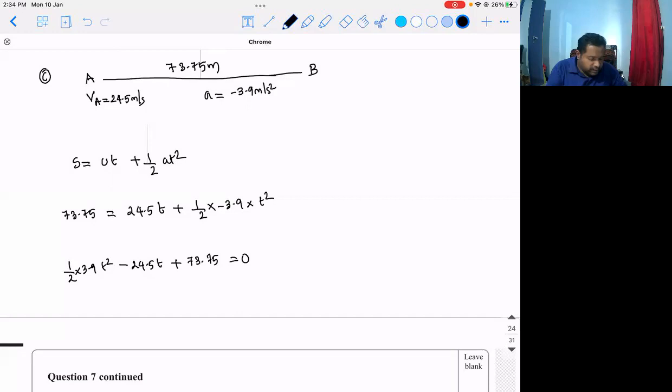You can solve this quadratic equation, so please solve it using a calculator.